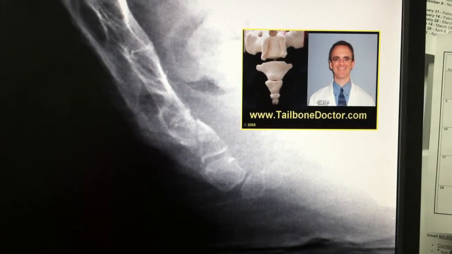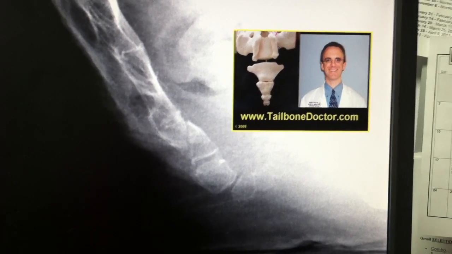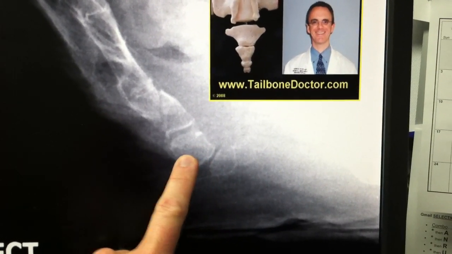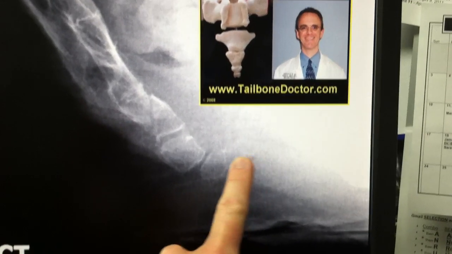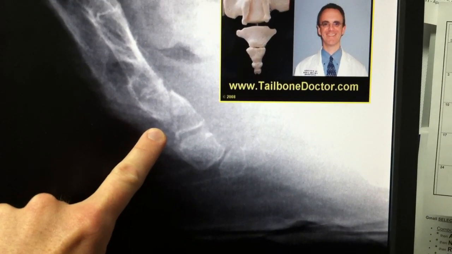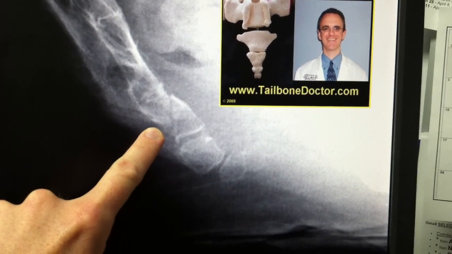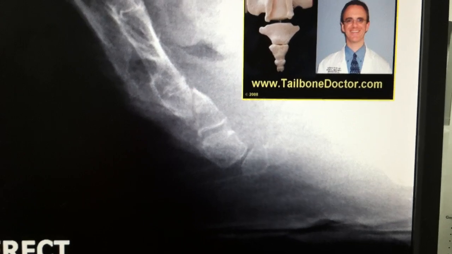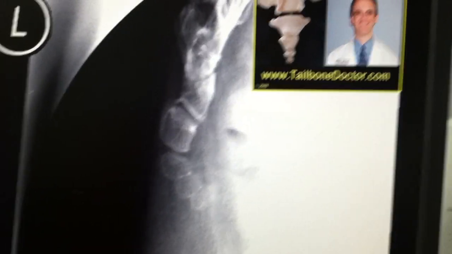Okay, and here, yet another X-ray, same patient. Again, you can see bones 2, 3, 4, 5 is a little washed out, but that's fine for our purposes. We're most interested right now in segment number 1, which is right up here. And again, you can see that fracture line going right through there.